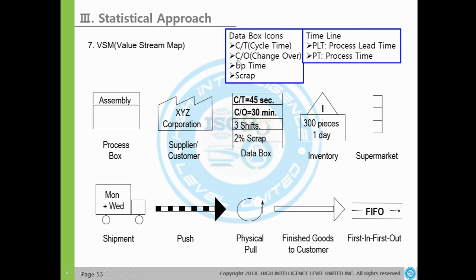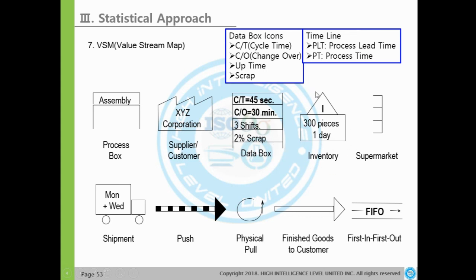Changeover means when we change from product A to product B, in Toyota, brand A to brand B, we call it changeover. And uptime, scrap. How many shifts? How much scrap?